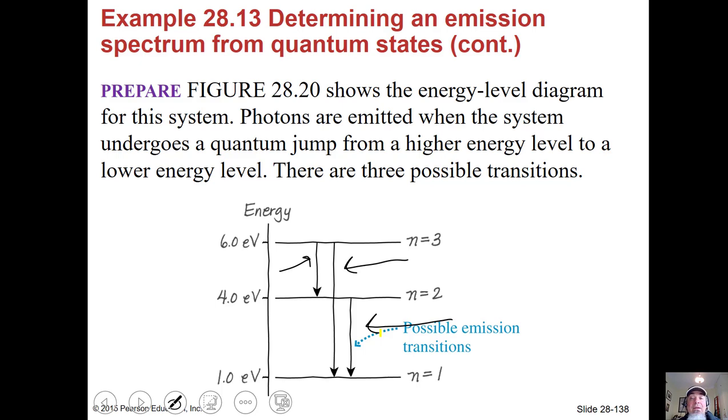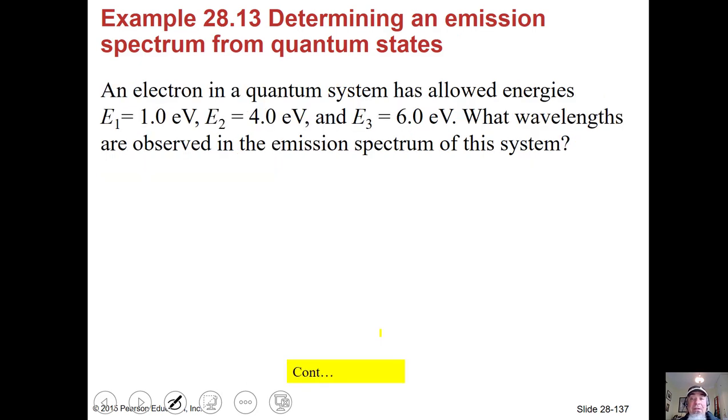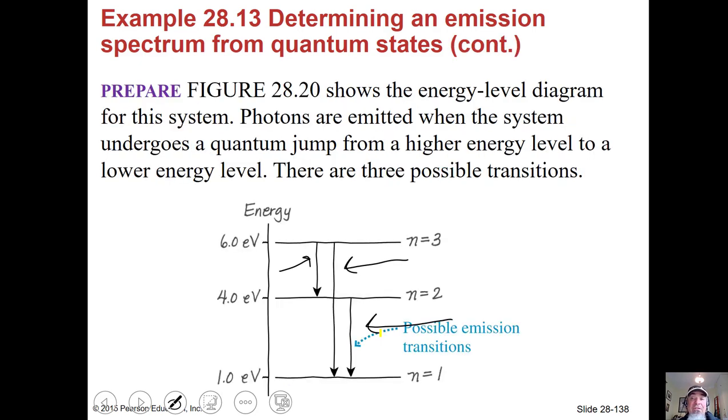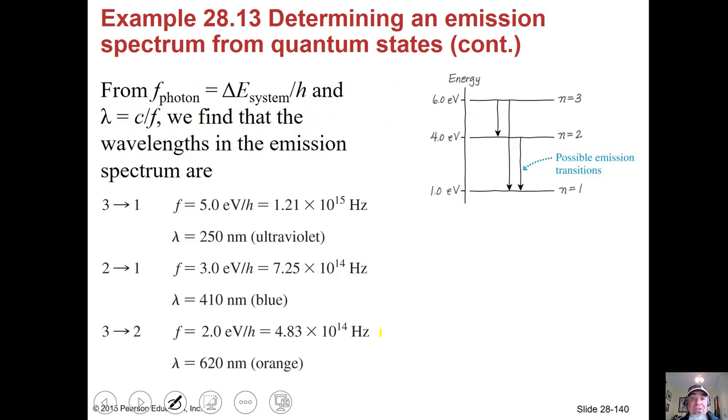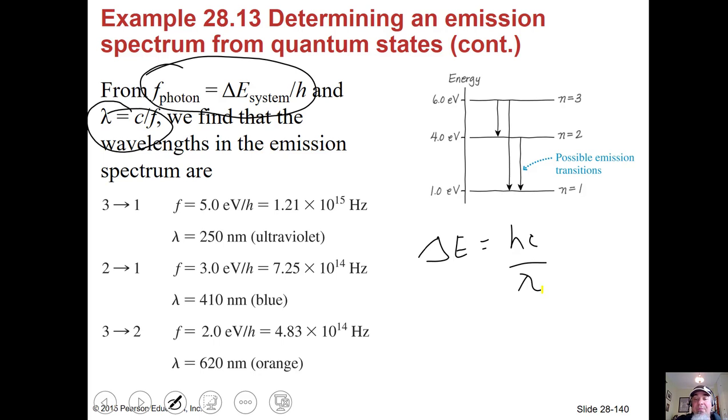We can calculate, let's see, what do we want to calculate actually? What are the wavelengths? You can calculate the wavelengths associated with those. Okay, so there's the energy differences that I mentioned. And then what's being done here is, like we did before, figuring out the wavelength from the frequency. If you want to, you could use this. Difference in energy is hc over the wavelength.